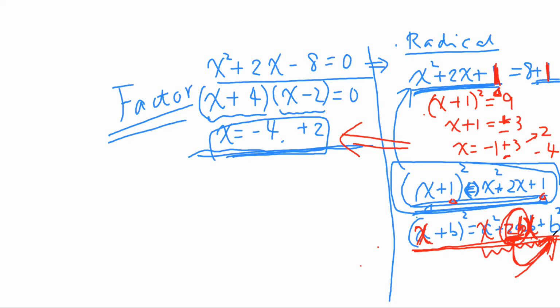Most of the time they don't write 2b, they write a number, like 2 here. So 2 times what equals 2 times 1 times x? The b actually equals 1, so b squared becomes 1 here. This 1 comes from 1 squared, right?